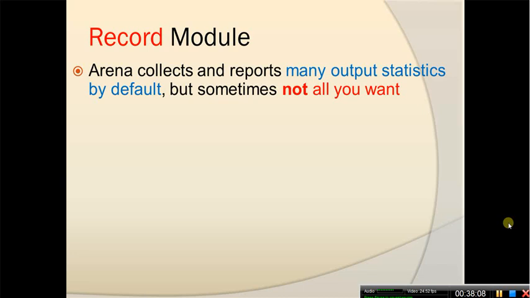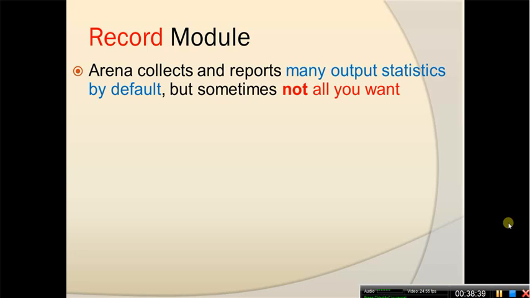It is necessary when Arena does not collect something automatically, because as we noticed, when we used the other model, model 3.1, Arena automatically created a lot of outputs, right? Arena does collect and report many output statistics by default, but sometimes not what you want.